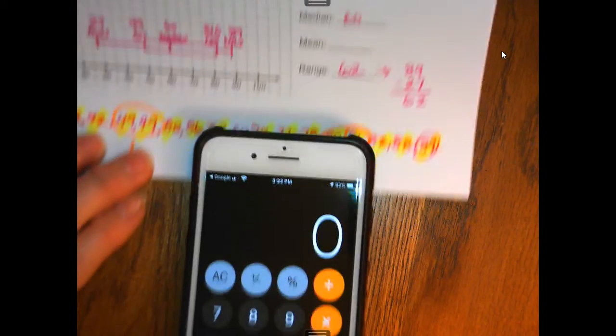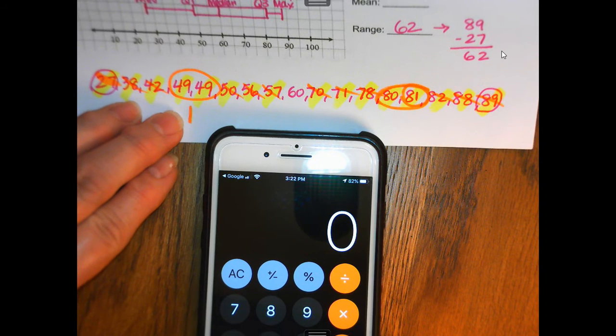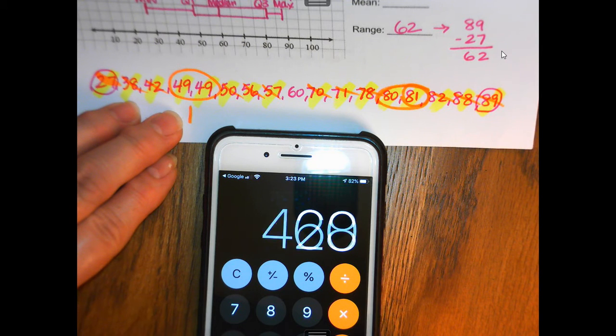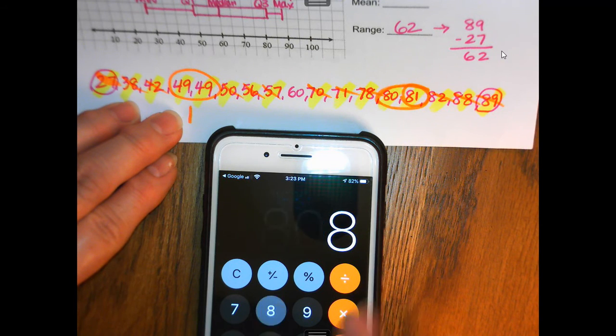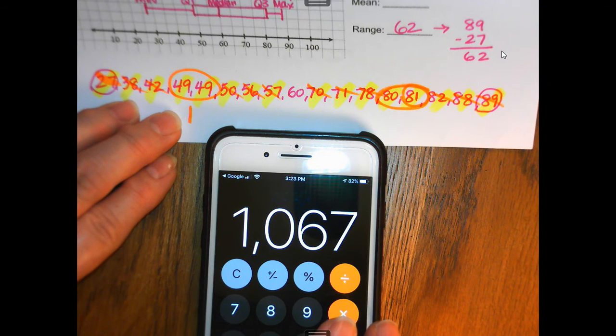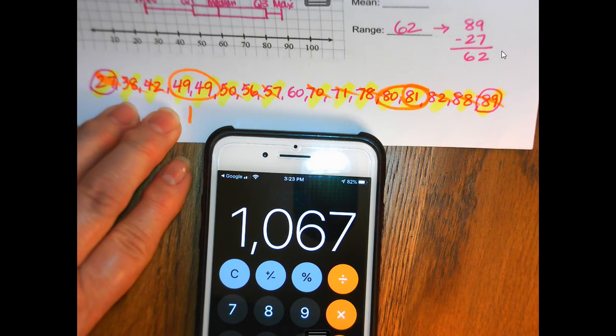The numbers that we need to add are 27 plus 38 plus 42, and so on. All right, so I got 1,067.